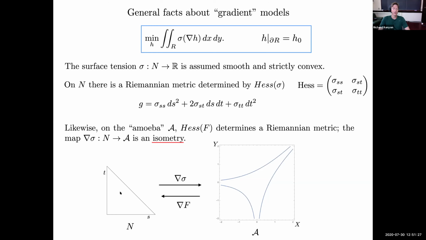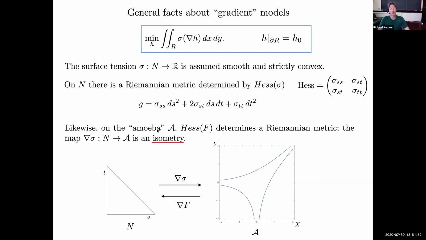And so here's the typical diagram for the Lozenge tiling model. N is the unit triangle here, but then the gradient of sigma maps the interior of N onto this other plane, this xy plane, and the image is called the amoeba.